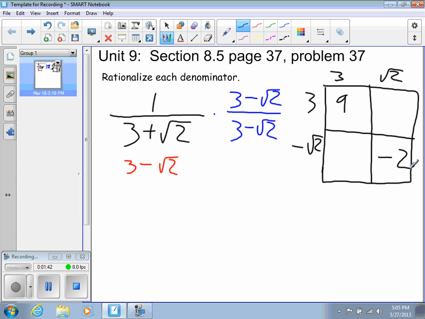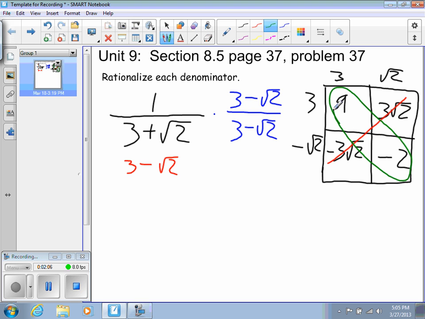And then these other two that are left, they're going to cancel out. One of them is going to give us negative 3 times the square root of 2, and the other one's going to be positive 3 times the square root of 2. Those two are going to cancel each other out. And then we just need to combine these two.